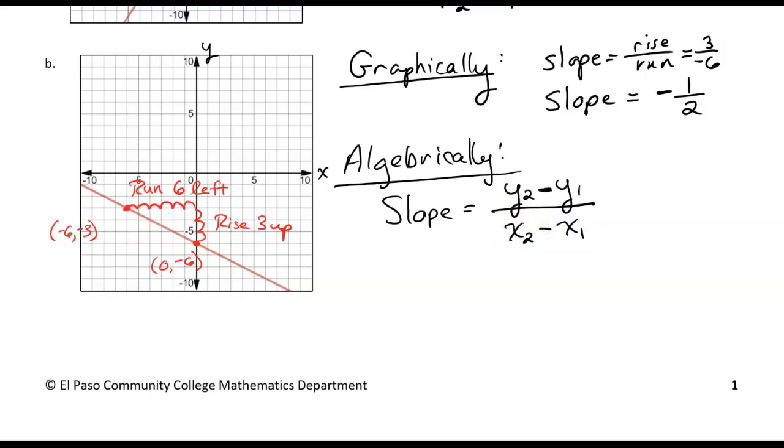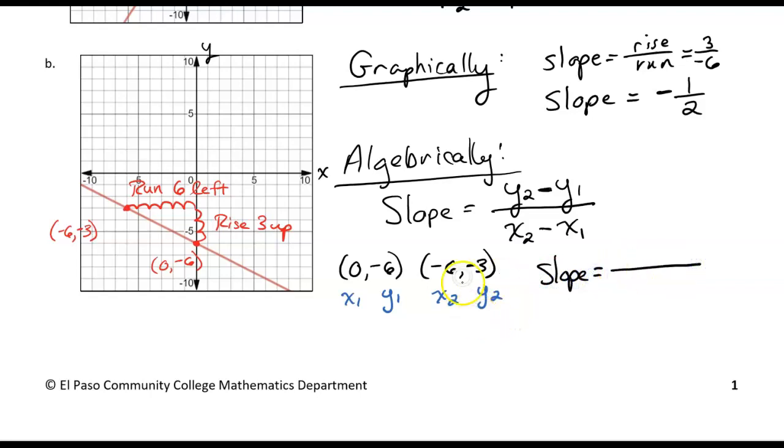Just to have my ordered pairs written out down here, let's go ahead and even label them, x1, y1, x2, y2, so I can plug them into my formula easily. I will say slope equals, my y2, that's a -3. Notice anytime I have a negative, I'm going to use parentheses to keep track of that sign. I don't want to lose it.